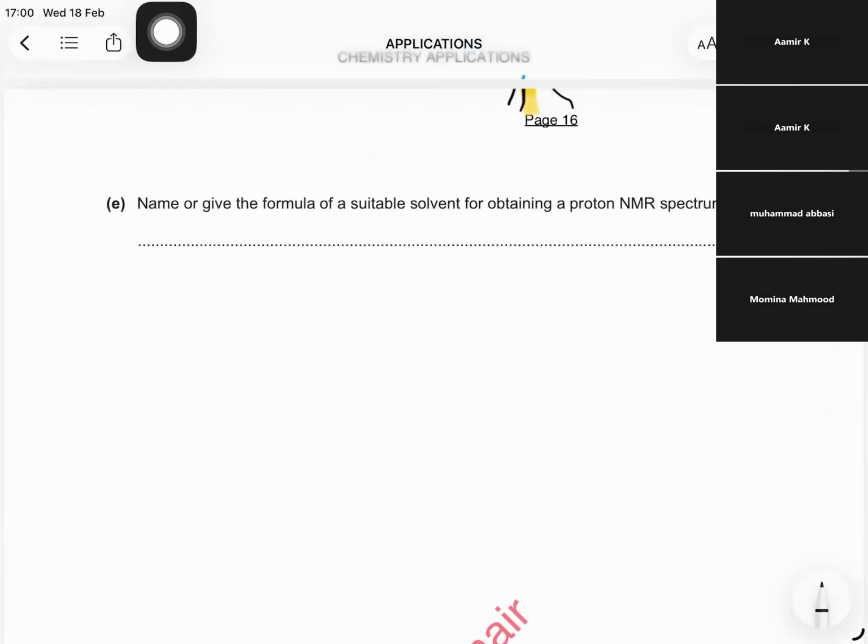Name or give the formula of a suitable solvent for obtaining the proton NMR spectrum. What is the formula used? CDCl3. Okay? CDCl3. Right? Next.